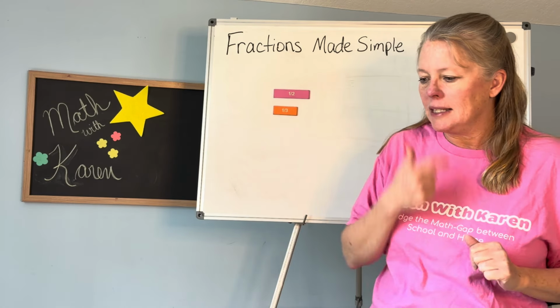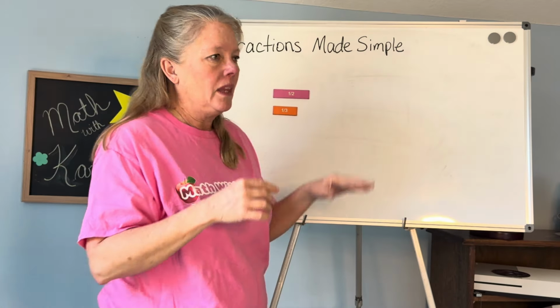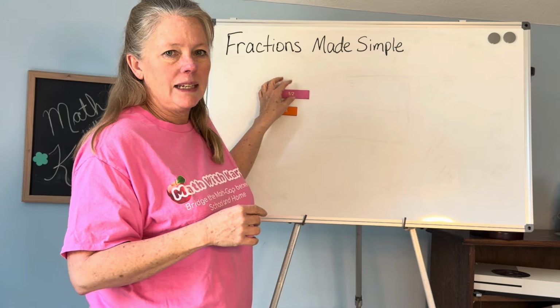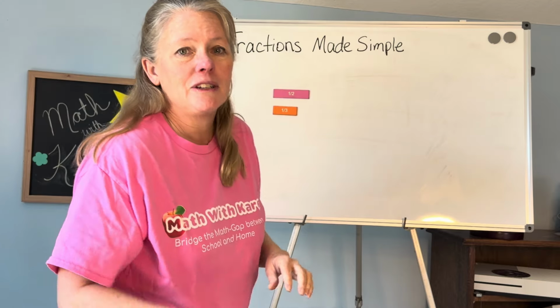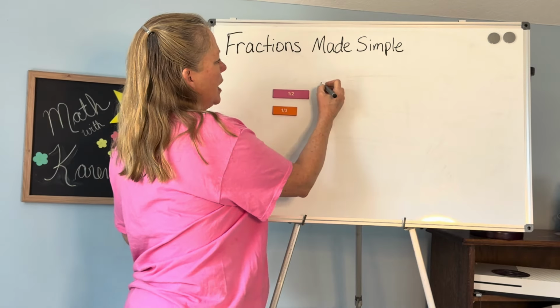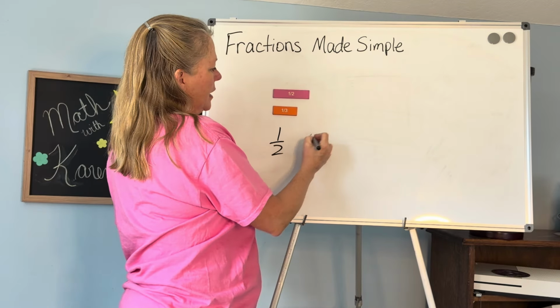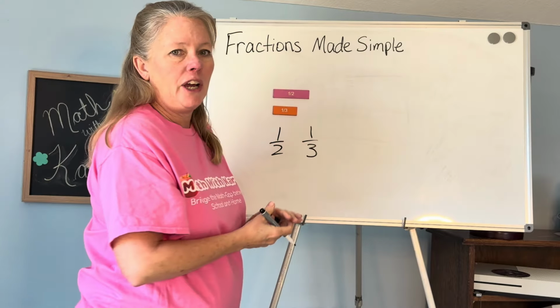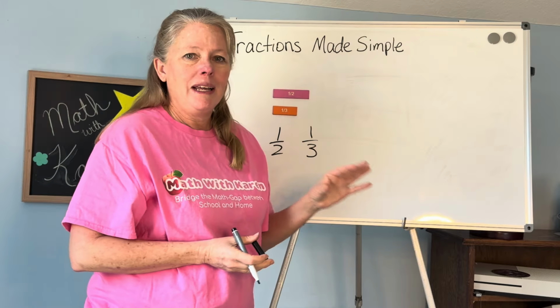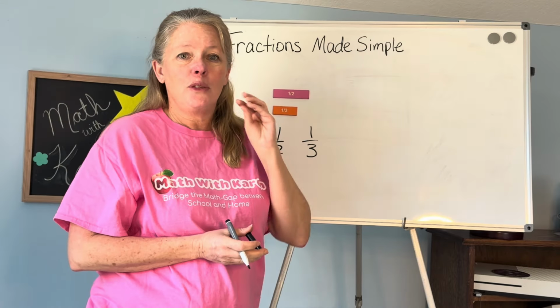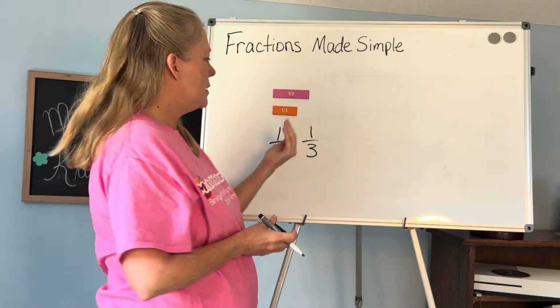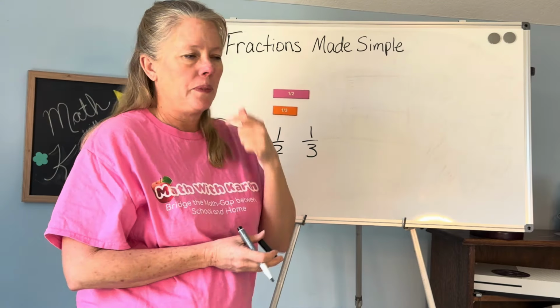All right, so let's look at this. Let's remember the numerator tells us the number and the denominator tells us the size. So when we're looking at 1/2 and we're comparing it to 1/3, our brains automatically want to say, oh, 2 is less than 3, so this 1/2 must be less than 1/3.